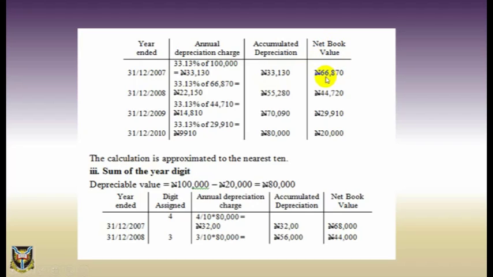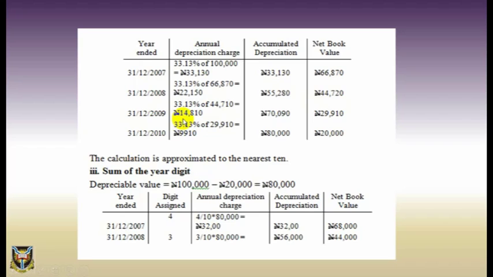Net book value 66,870 naira. Next year: 33.13% of 66,870 is equal to 22,150 naira. Accumulated depreciation 55,280 naira. Net book value 44,720 naira.